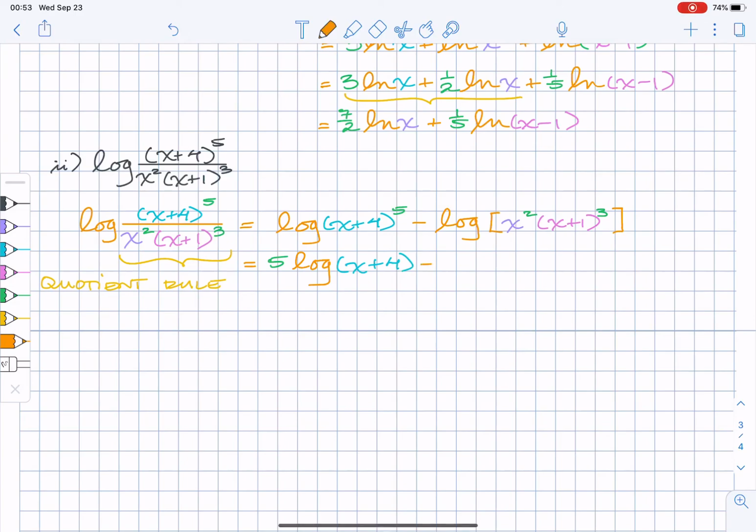Then minus, I can actually use a product rule because this is a product here. So I can write this minus the quantity log of x squared plus log of the quantity x plus 1 cubed.